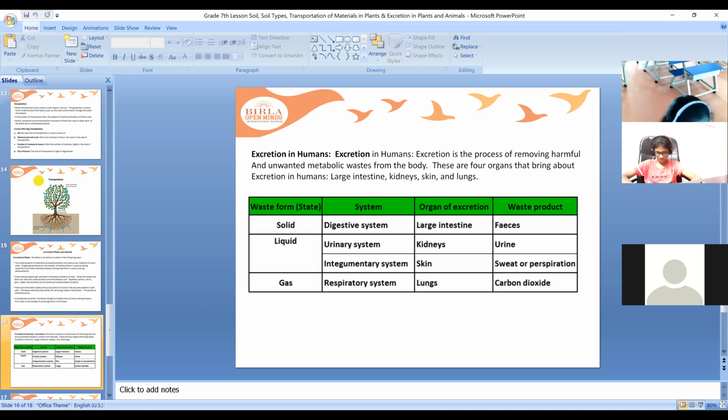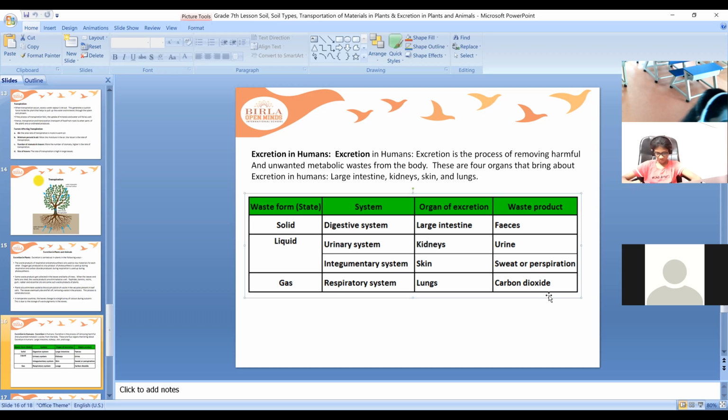And even through the lungs you can eliminate carbon dioxide through the respiratory process, isn't it? You take in oxygen and you give out carbon dioxide. So this is the elimination of carbon dioxide because you don't use it. And the elimination of solid waste is done by the large intestine through the digestive system in the form of solid waste.